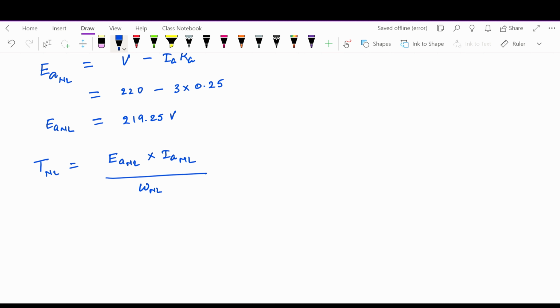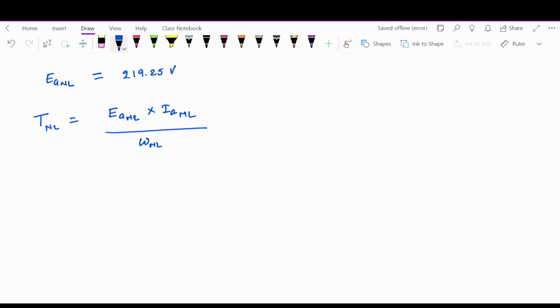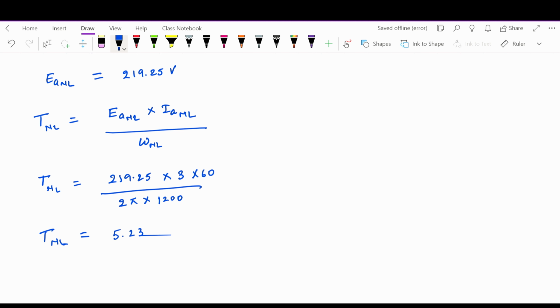We'll put in the values here simply. 219.25 into 3 divided by 2 into pi into N, where this is 1200 divided by 60. So the TNL comes out to be 5.23 Newton meters.